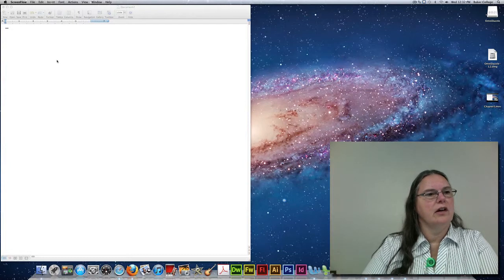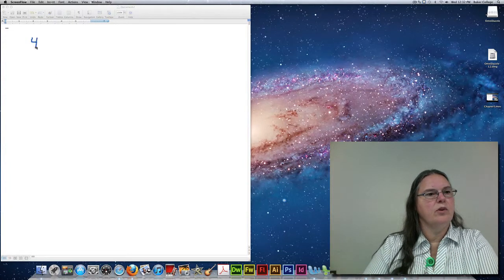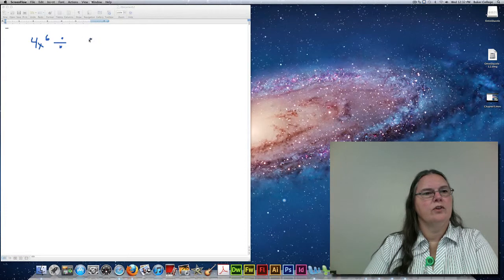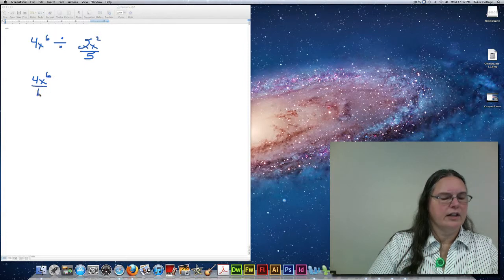The next object that we're going to look at is 4x to the 6th power divided by 2x squared over 5. Now let's create a fraction on this side. Any whole number over 1 is a fraction.